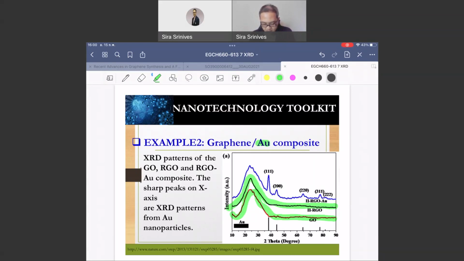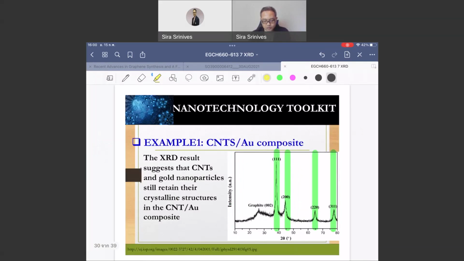What can I say? So the one at the top is the reduced graphene oxide with gold nanoparticles. You can see graphene oxide here, and you can see gold peaks happening at the 111 plane, 200 plane, 220 plane, 311 plane, and 222 plane, which are the same planes that you also observe from the other experiment, even though it is being done by a different group.